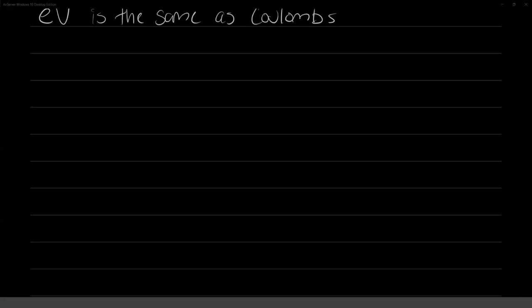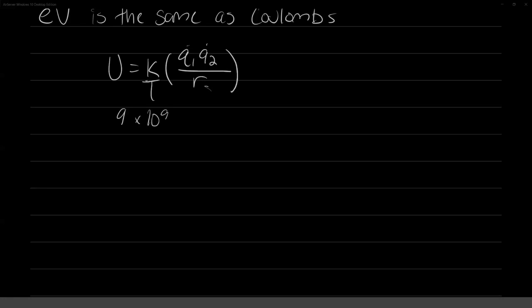But it's with U, so it's U equals K times Q1, Q2 over R. I think it's the same constant of 9 times 10 to the 9th. And this is going to be a radius or distance. And these are going to be two different charges again. So we might have to use that one.